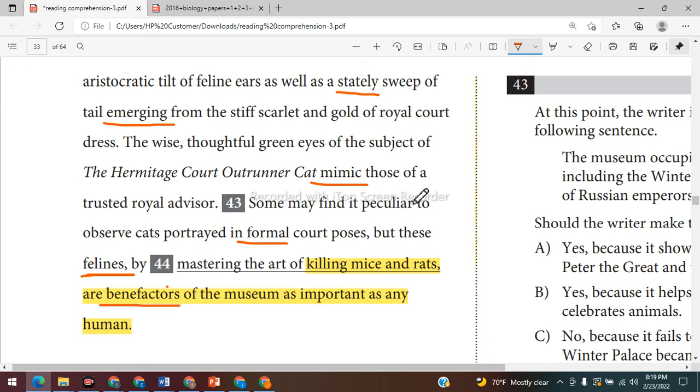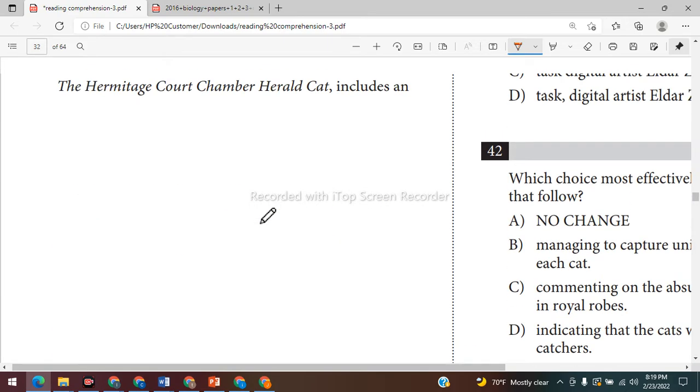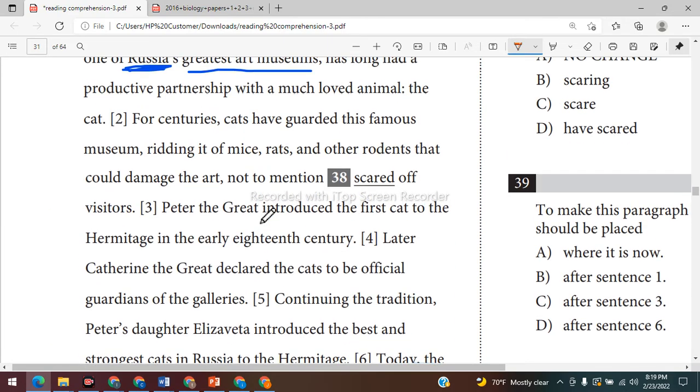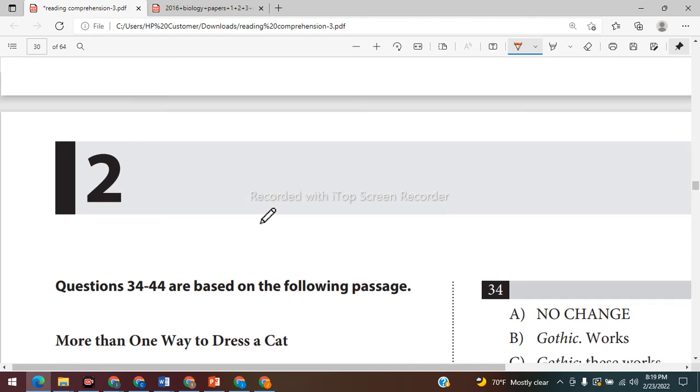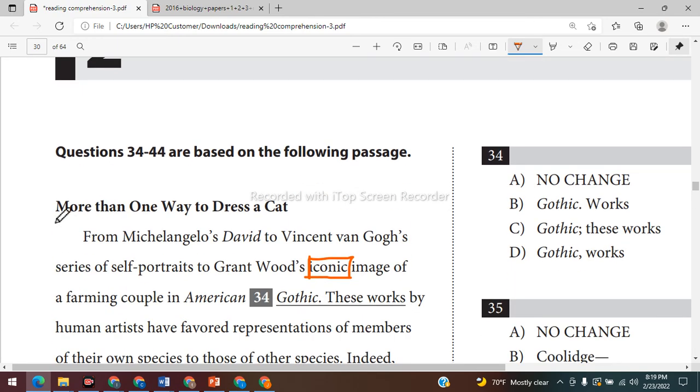Some may find it peculiar to observe cats portrayed in formal court poses, but these felines, by mastering the art of killing mice and rats, are benefactors of the museum as important as any humans. So there is the account of what they call more than one way to dress a cat.